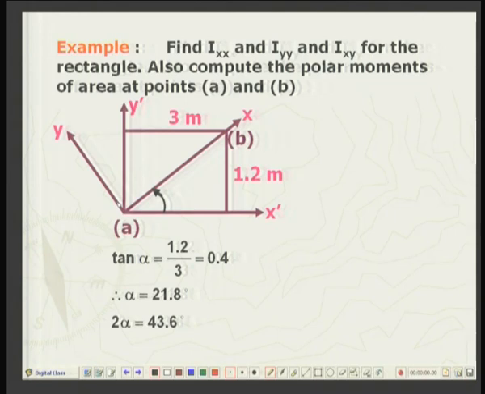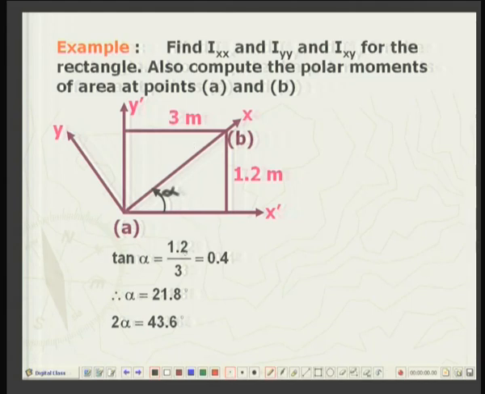So, first of all, suppose I have these quantities and these axes, the x dash axis and y dash axis, and the new axis is obtained by rotation through, let us say, an angle alpha.